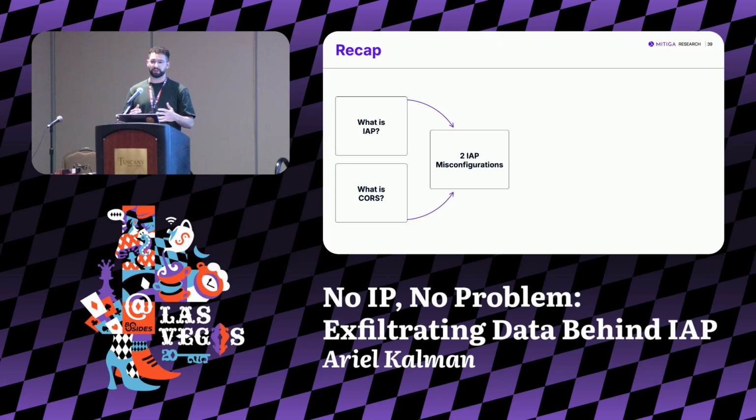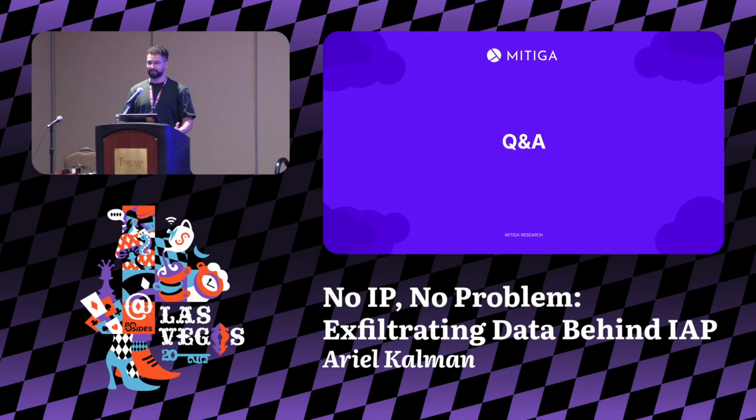This is a misconfiguration that is relevant for practically every service in GCP that defines access. So you should check this out and look at your environment to see if it's relevant for you. I showed you how you can abuse one setting on IAP to exfiltrate secrets, and how you can detect it. Thank you so much for listening, and I'm open to take any questions if you have.